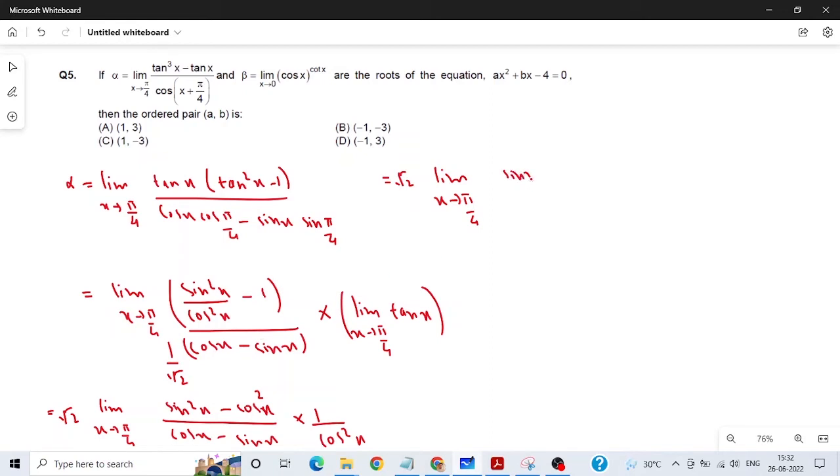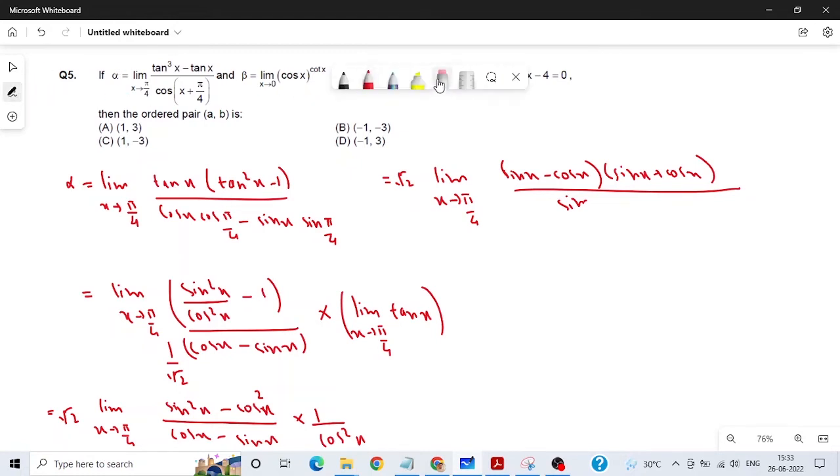So we have (sin x minus cos x) into (sin x plus cos x) upon cos x minus sin x in the denominator, into 1 upon cos square x.